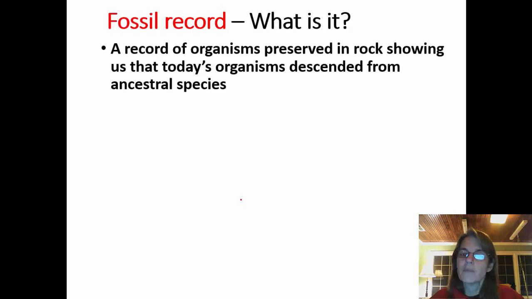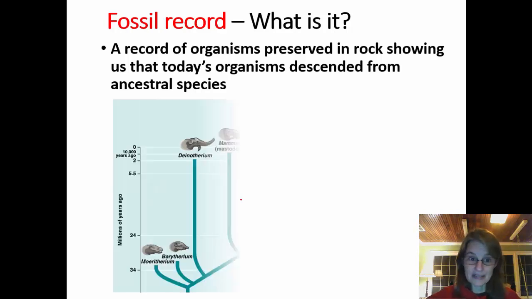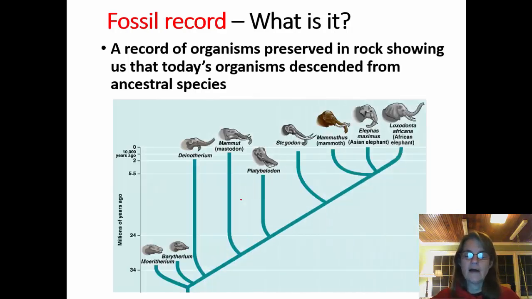Just a record of organisms preserved in rock. And what it shows is that today's organisms that we have on the planet have descended from ancestral species. For example, the fossil record shows us that our elephants that exist today are linked back in time to other ancestors that eventually gave rise to elephants.